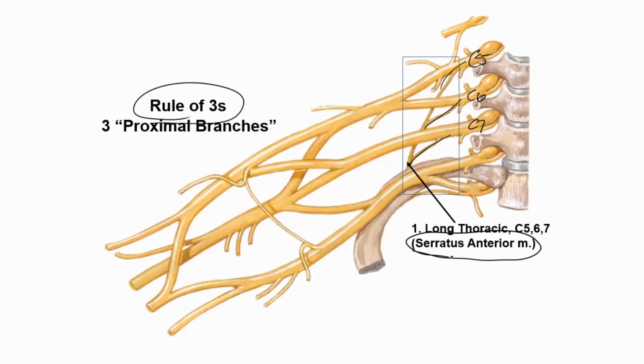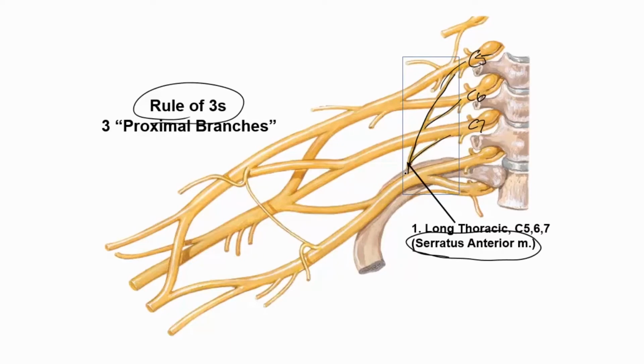So we can see this thin nerve coming out of the cervical region. It will course through the axilla and be on the lateral or superficial surface of the serratus anterior muscle. So it is commonly injured. And again, damage to that particular nerve causes a condition called winging of the scapula.